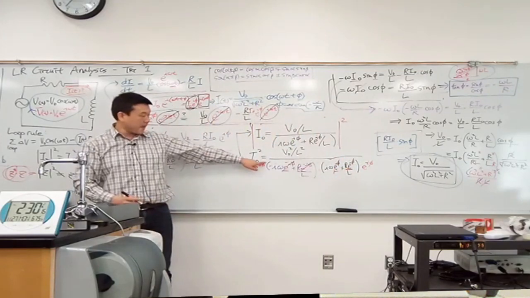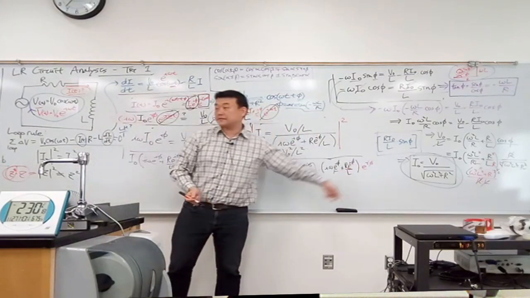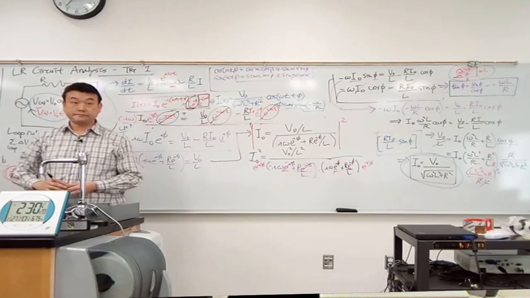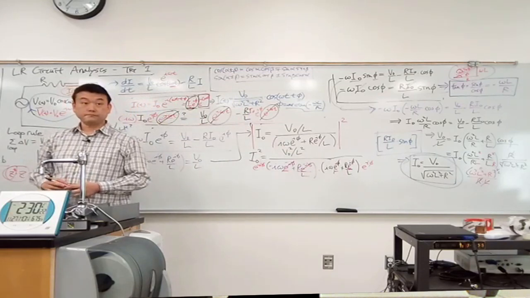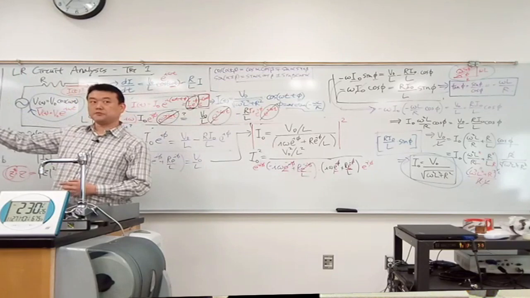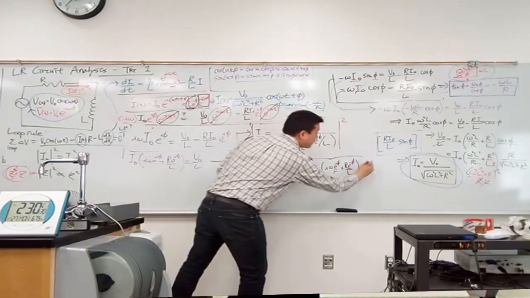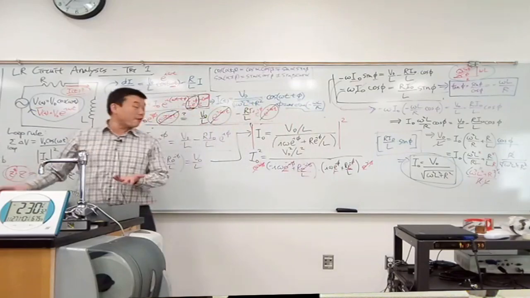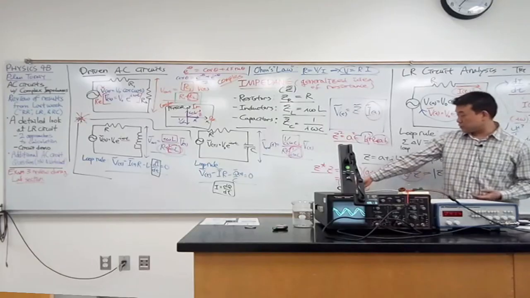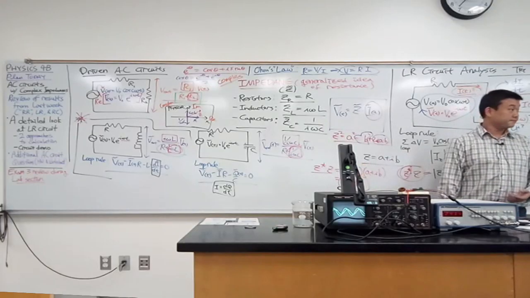E to the minus i phi times e to the i phi. What's that? The exponent is 0, so 1. Yeah. So the e to the i phi factor simply all cancels out to 1. In fact, that's one of the things that this whole modulo squared thing is guaranteed to do.